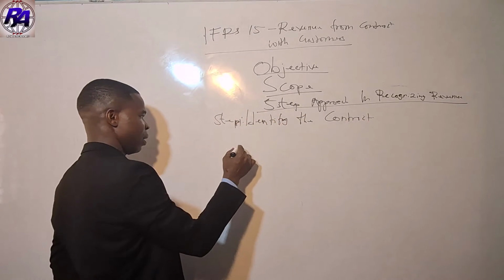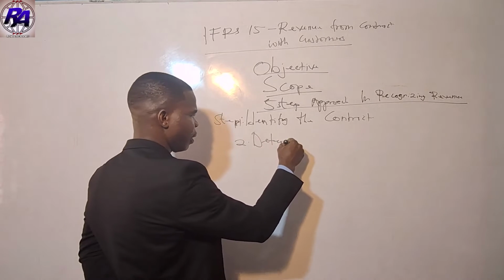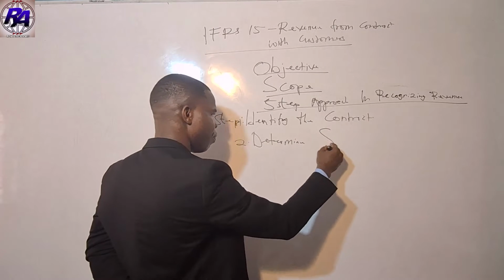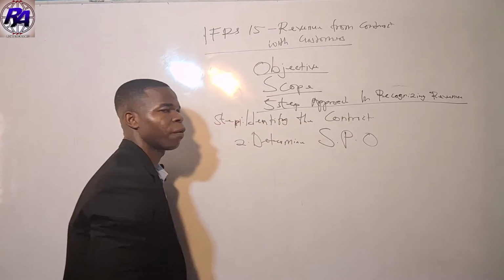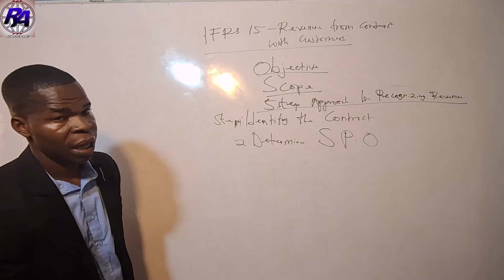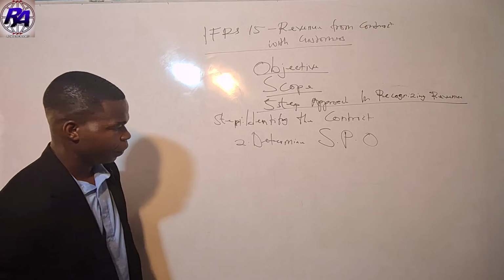That is step 1. Step 2 is saying that we determine the separate performance obligation. So at the end of this lesson, we should be able to explain what a performance obligation is.